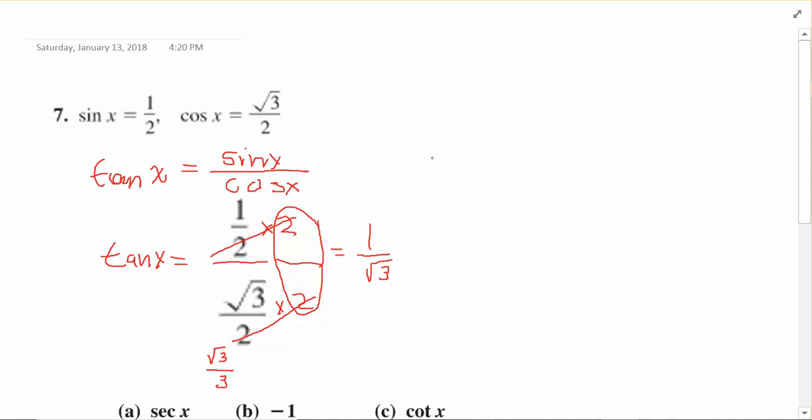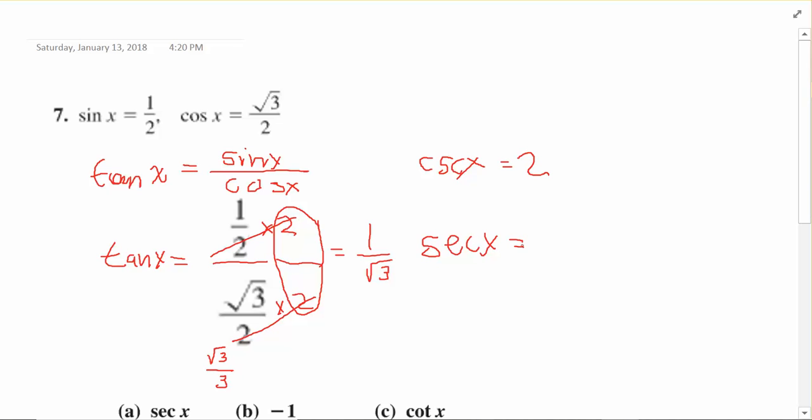And to get the other 3 functions, they're all reciprocals of the other 3. So in the case of the cosecant, that's the reciprocal of 1/2, so that equals 2.